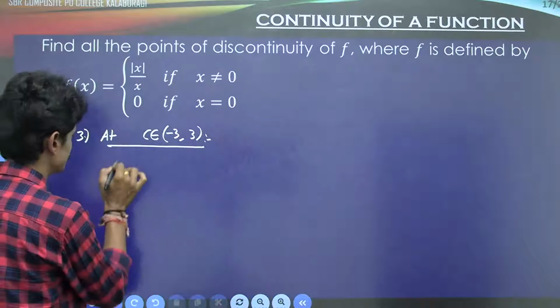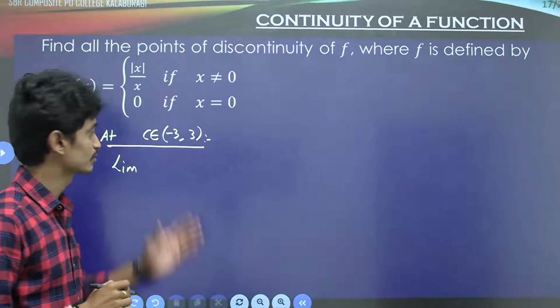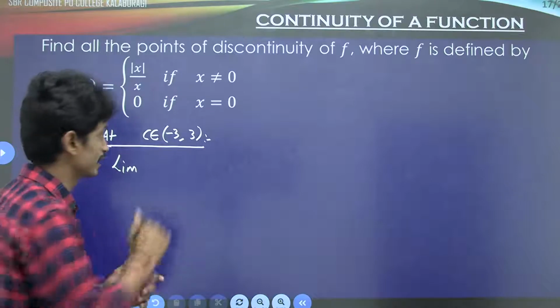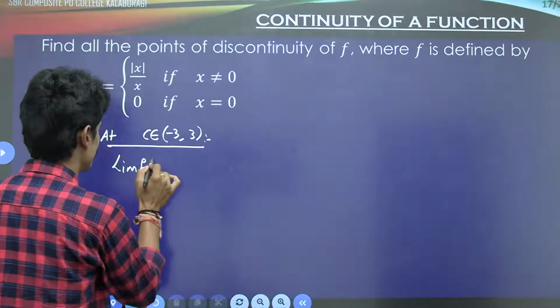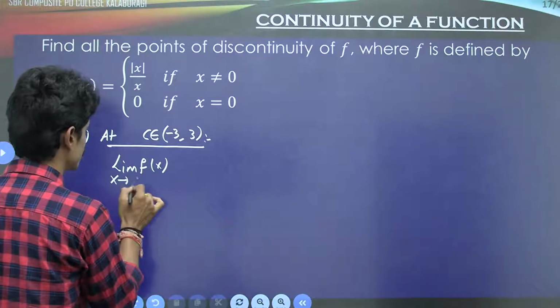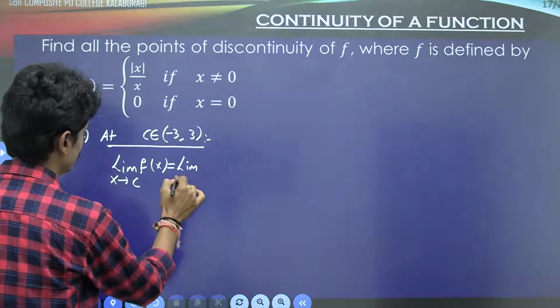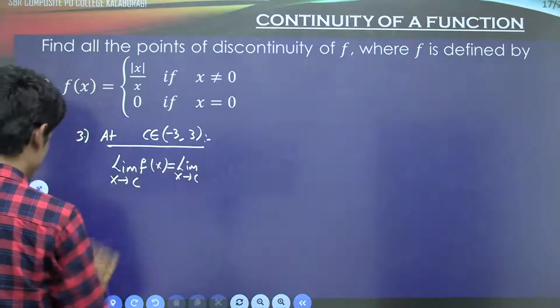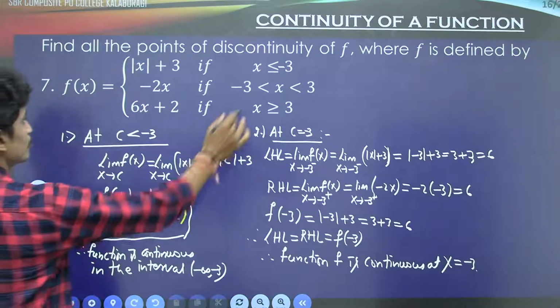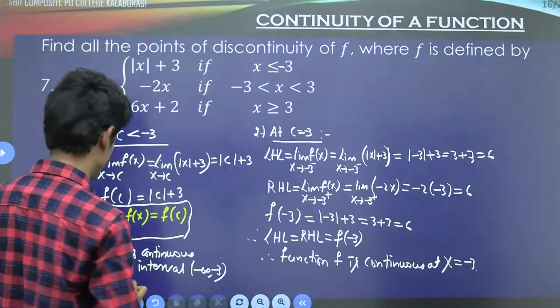Here there is no need to take left limit and right limit, because they did not split the relation at this place. Limit of f of x as x tending to c. Now I can write limit as x tending to c of f of c. Minus 3 to plus 3 means minus 2x will be there.